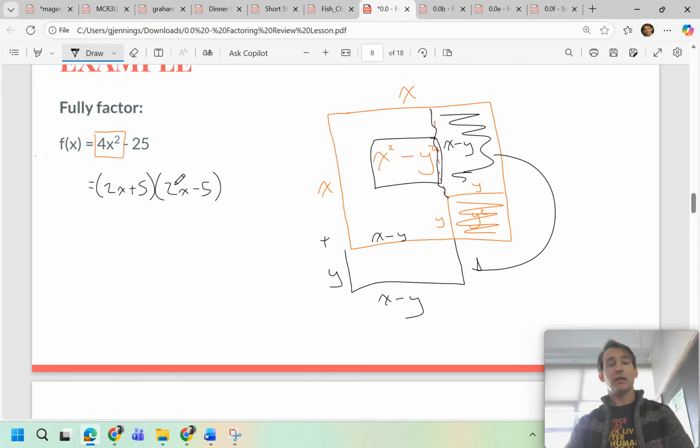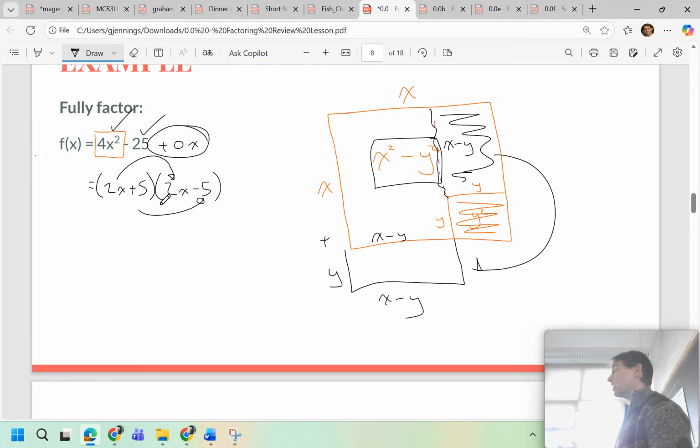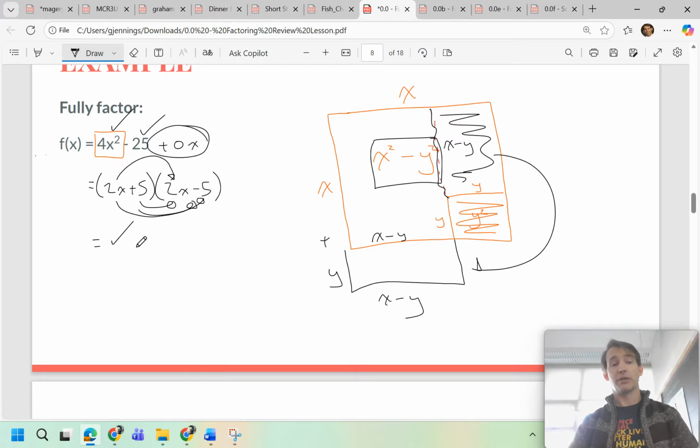At that point, I check, and I get 0x. I kind of do have a trinomial because my b value is 0. And it's 0, of course, because these cancel. 2x times minus 5 is minus 10x, and then this is plus 10x. So there's your difference of squares.